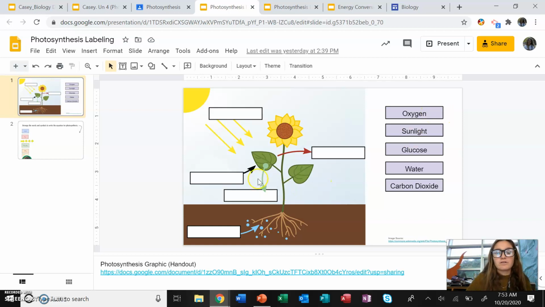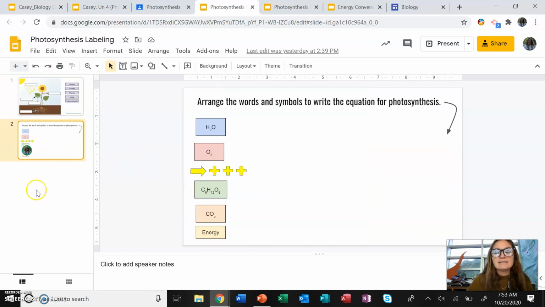You'll notice the arrows going in are reactants, and the products coming out have arrows coming out of the organism here. And then the second slide is all about arranging the words and symbols to form the correct equation for photosynthesis. I highly recommend using your notes as a reference guide, and I'll be here if you have any questions. And I'll be posting a short review video going over these answers afterwards.